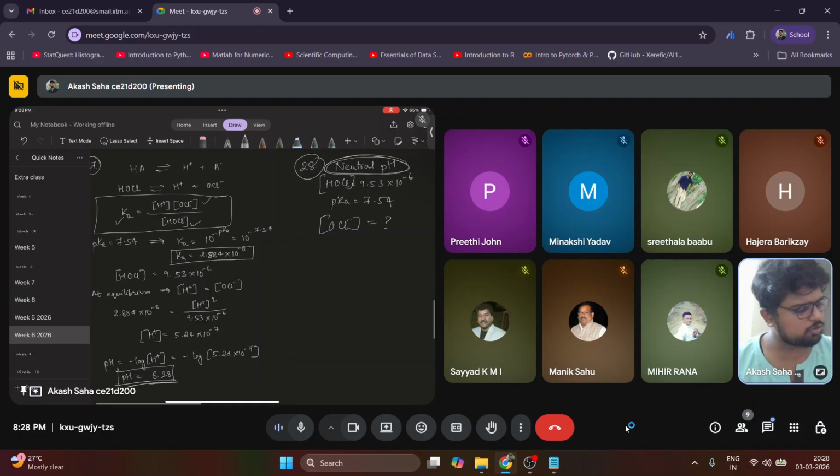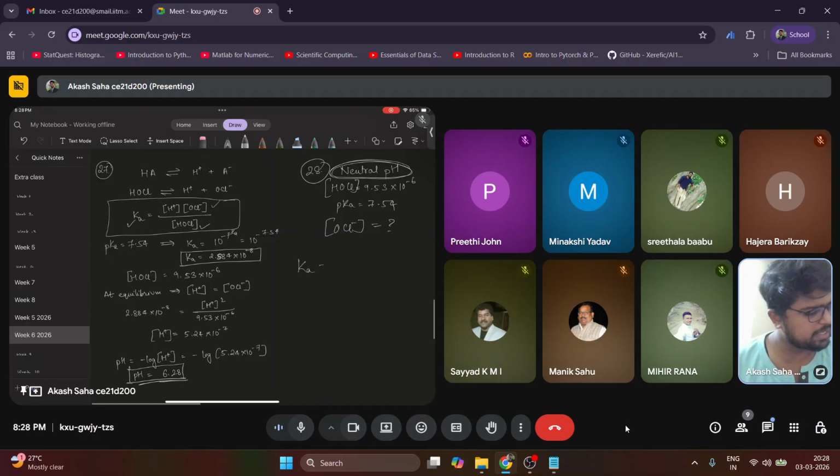So again you have to use the same equation. Ka is equal to H plus times OCl minus divided by HOCl, right? Ka value is known, HOCl value is known. These two are not known. We have to find OCl minus. What is the H plus concentration here?